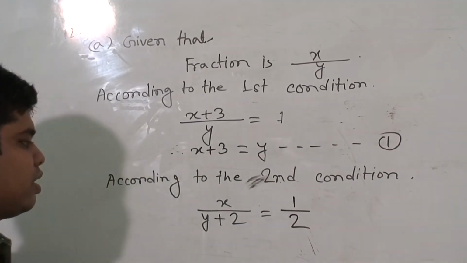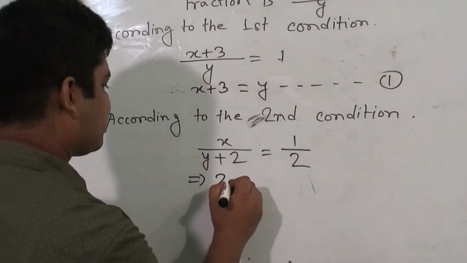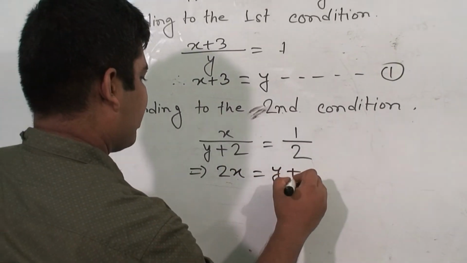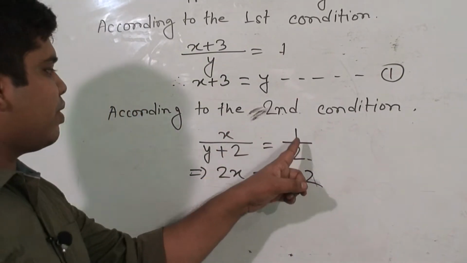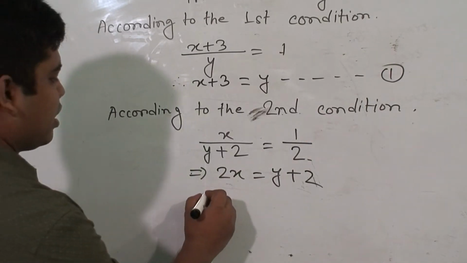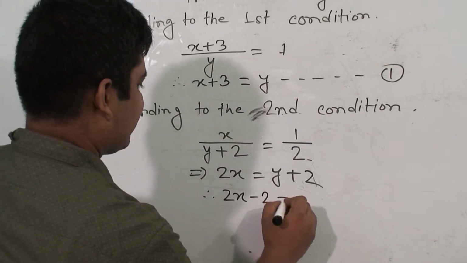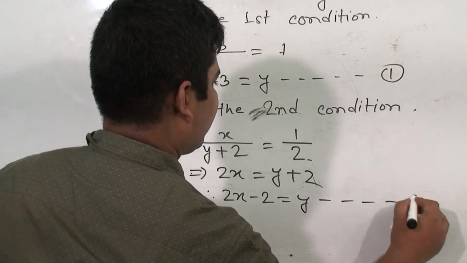Now we use here the cross multiplication method. That means twice x, y plus 2. We multiply this x with 2 and this 1 with y plus 2. Now twice x minus 2 equals y. This is equation number 2.